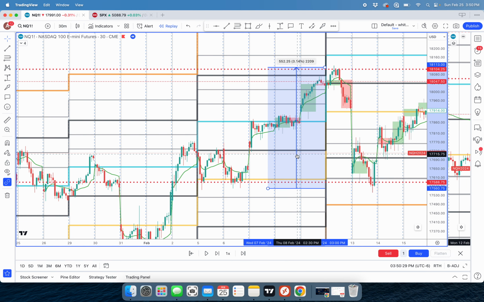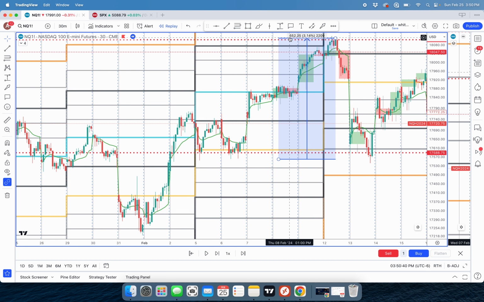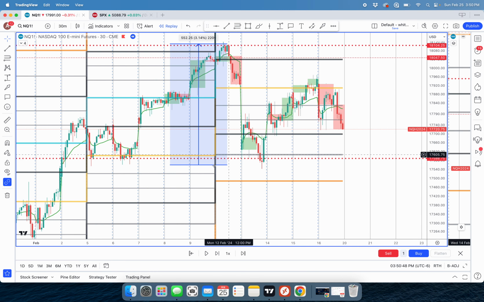So if you notice right here, see right here where the low is? See where the high is. It ended up making the exact same 550 point move before it then decided to reverse. And then it came back down and retraced that entire move before going back up.